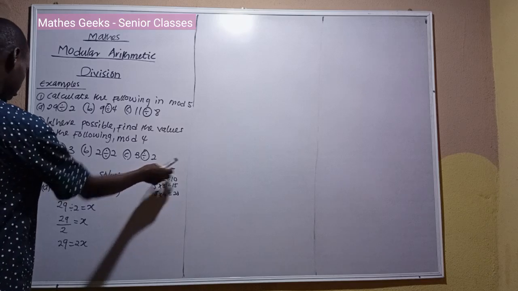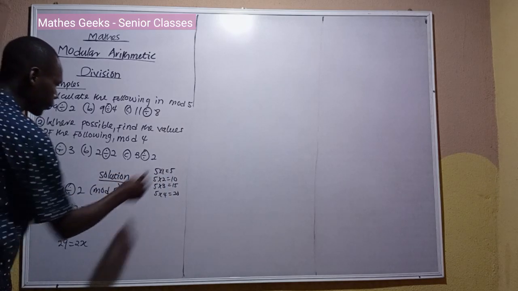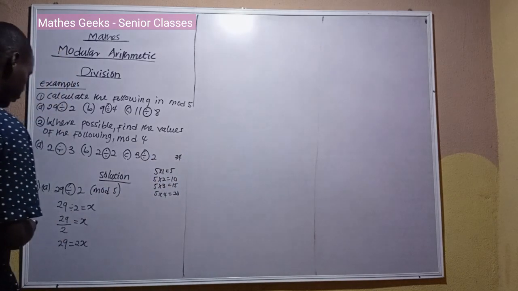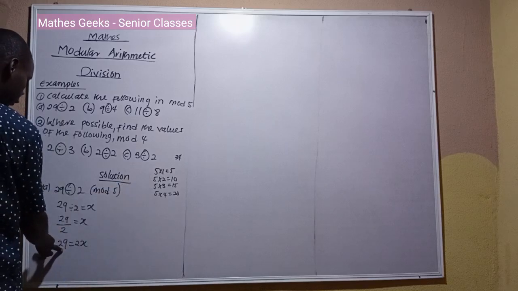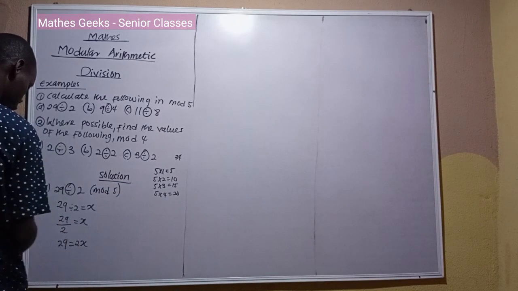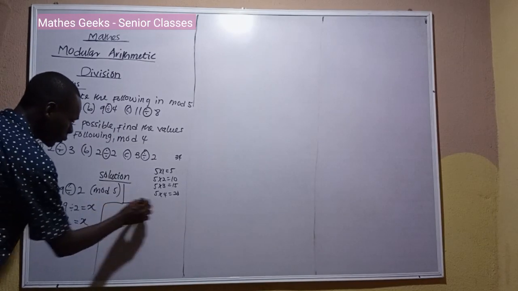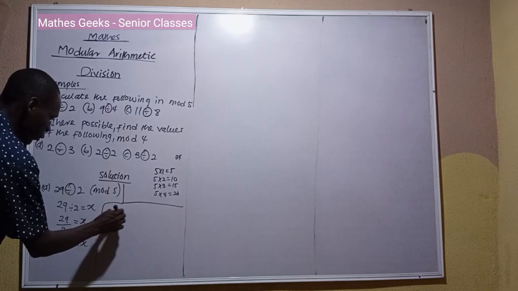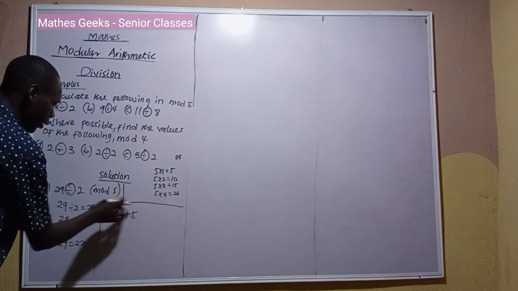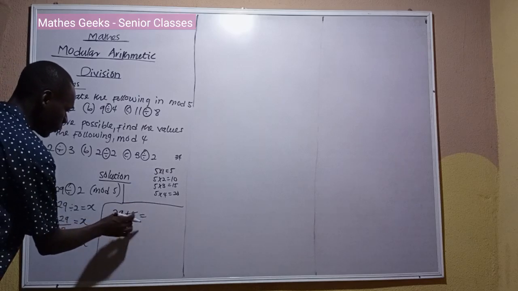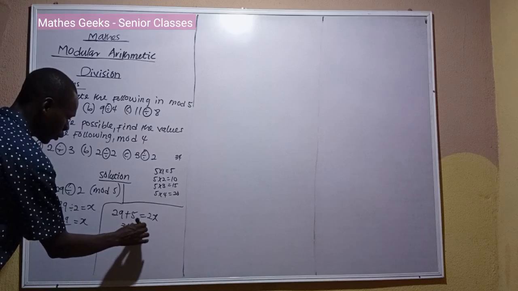So 5 times 1 is 5. We add 5 to 29, we get 34. 34 divided by 2, is it divisible? Yes. So 29 plus the multiple of 5 that will make it divisible by 2 is 5, so 29 plus 5 is 34 equals 2x.